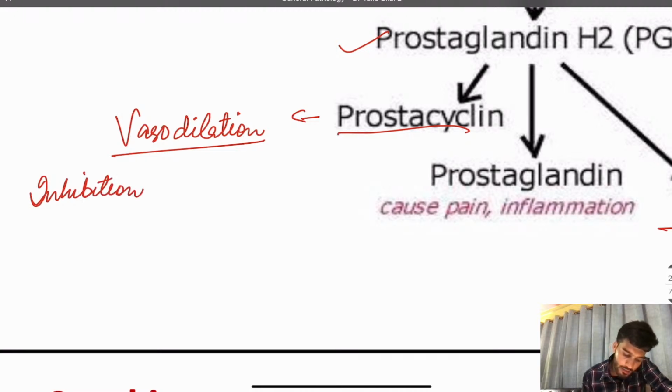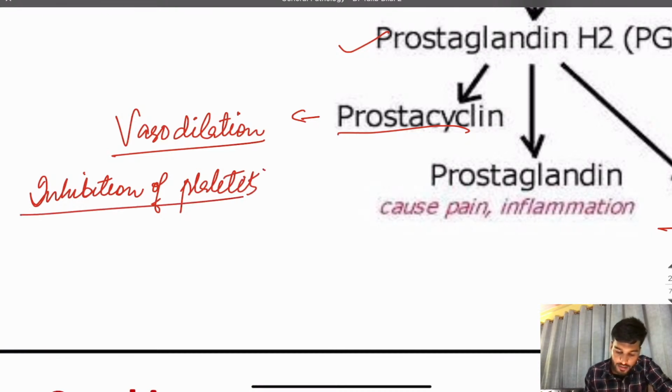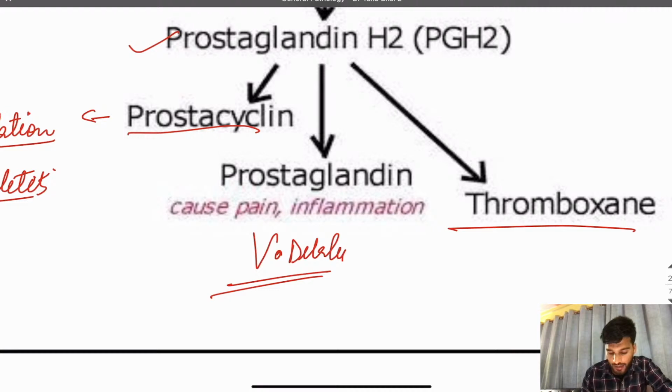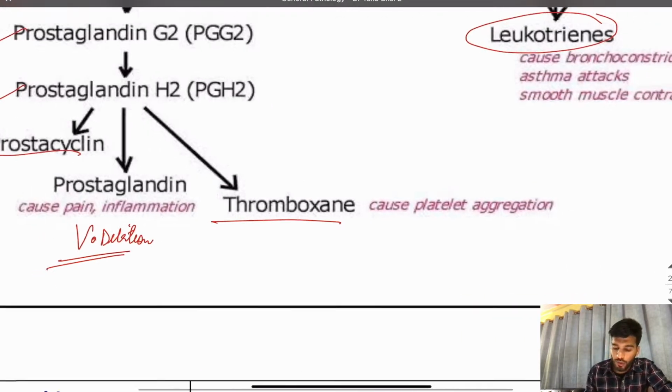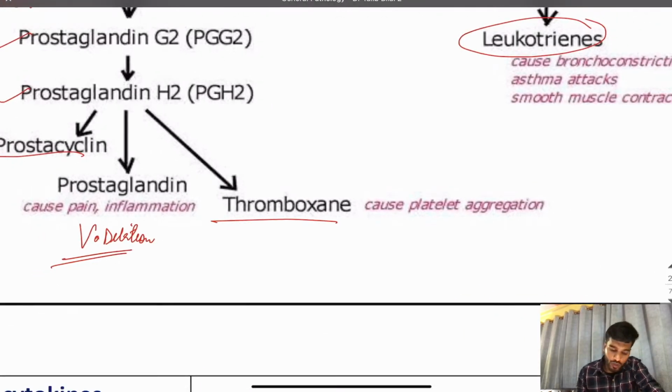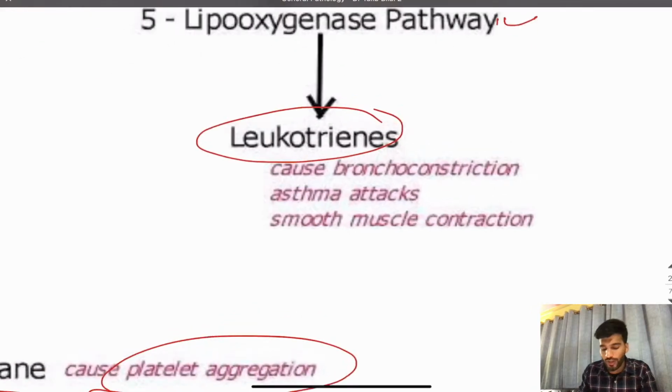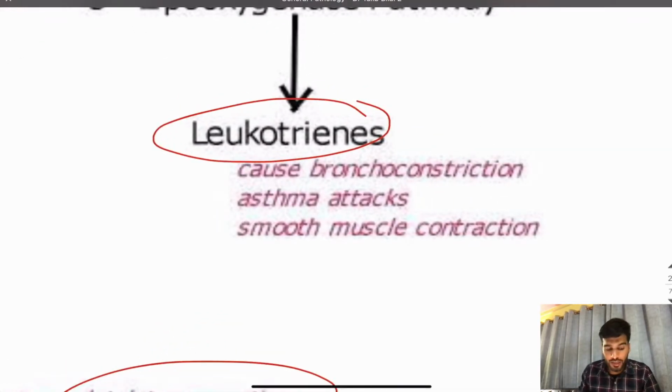It will cause inhibition of platelets as well. Then prostaglandin causes pain, inflammation and vasodilation. Thromboxane will cause what? Vasoconstriction and platelet aggregation.